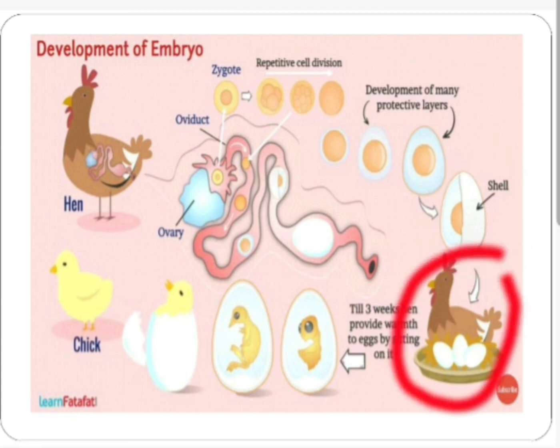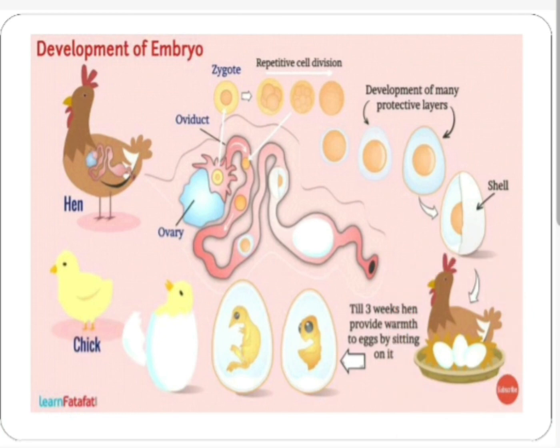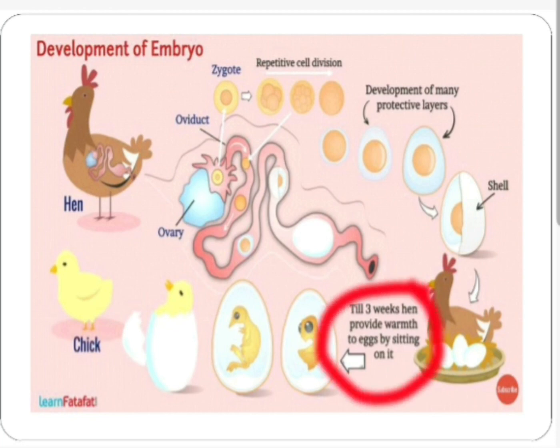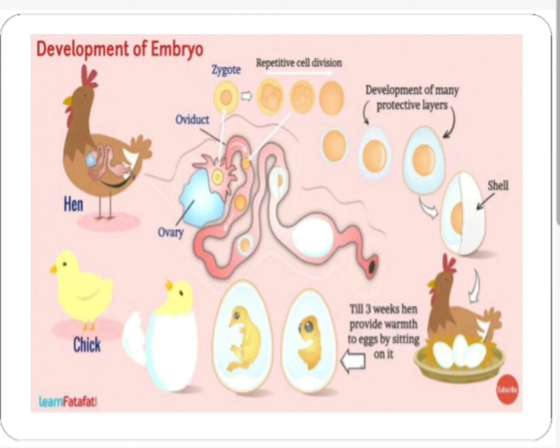The embryo takes about 3 weeks to develop into a chick. You must have seen hens sitting on eggs to provide sufficient warmth.